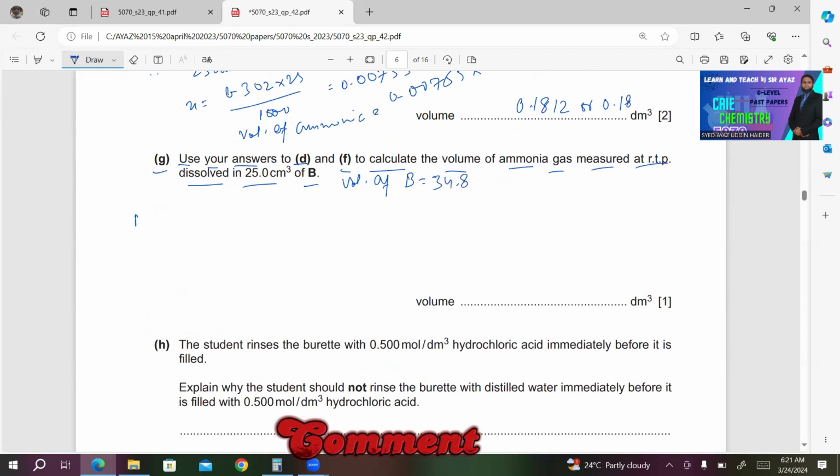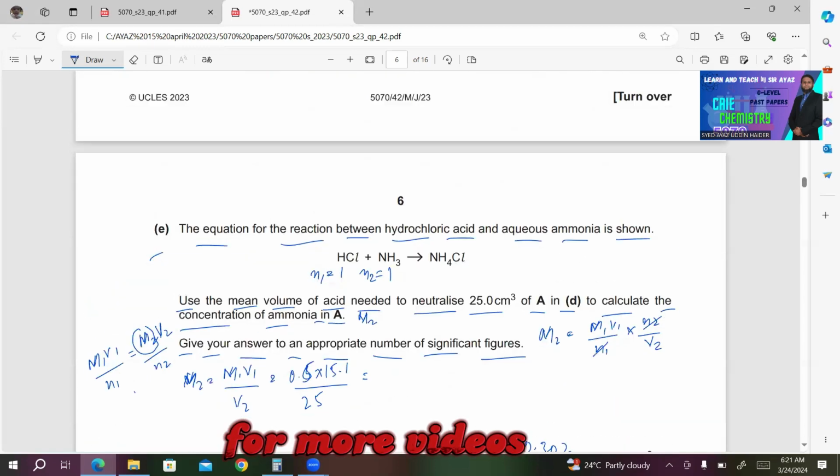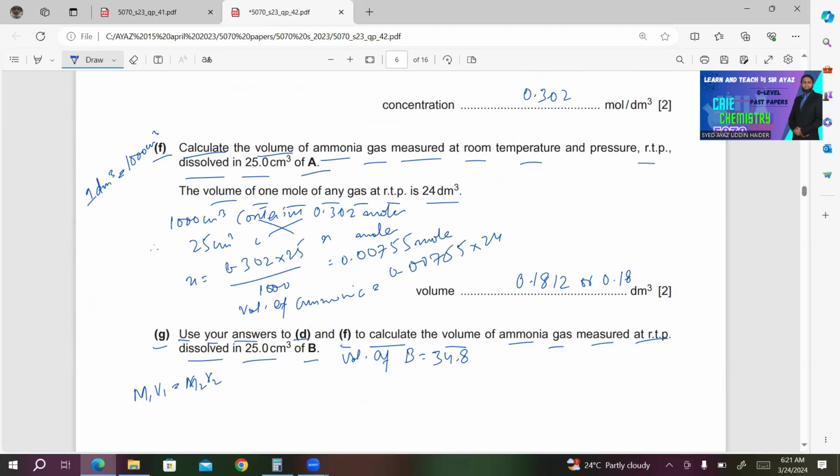So M1 V1 is equal to M2 V2, and we are calculating M2, the concentration of ammonia.